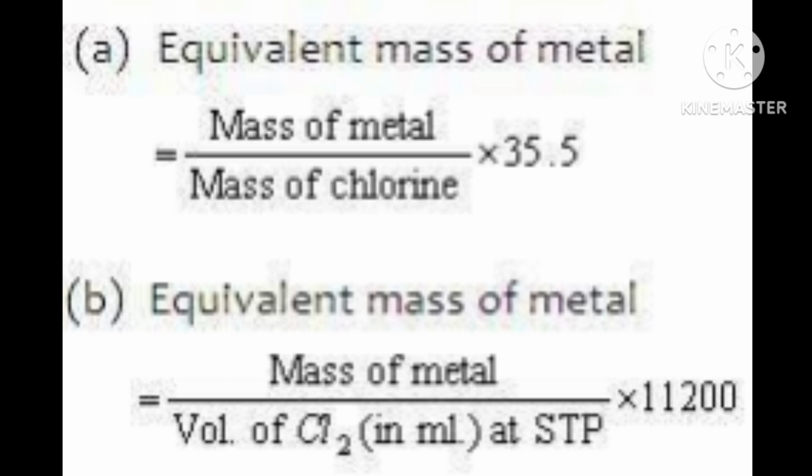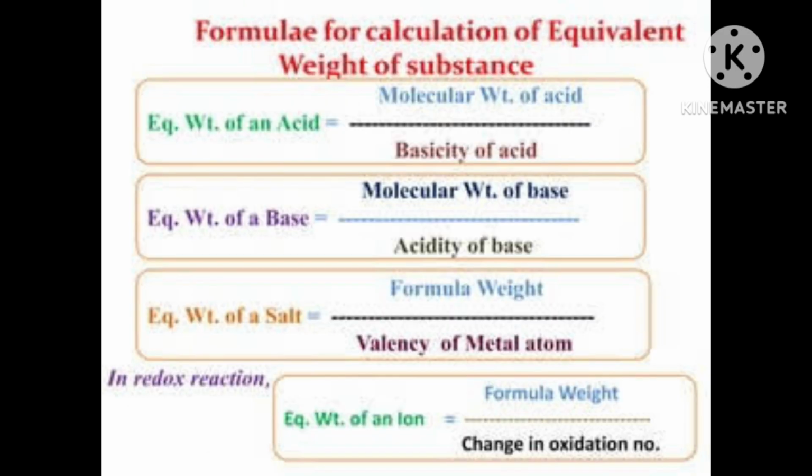Now same way, equivalent weight of an oxidizing or reducing agent. How will you calculate? This is again very, very important. You know that oxidizing agent and reducing agent are related to the number of electrons. Correct? The substance which can donate the electron, that is the process of oxidation.